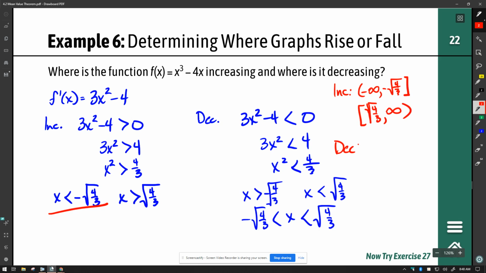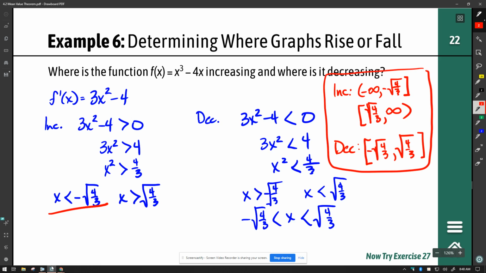And then we are decreasing on the interval from negative square root of 4/3 to positive square root of 4/3, included with brackets. So there we have an answer to this one.